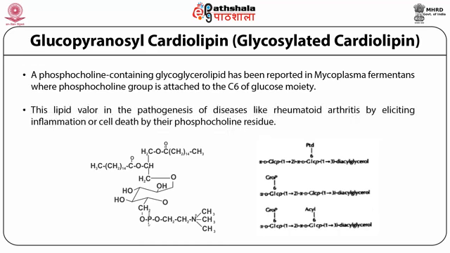This lipid is valuable in the pathogenesis of diseases like rheumatoid arthritis by eliciting inflammation or cell death by its phosphocholine residues.